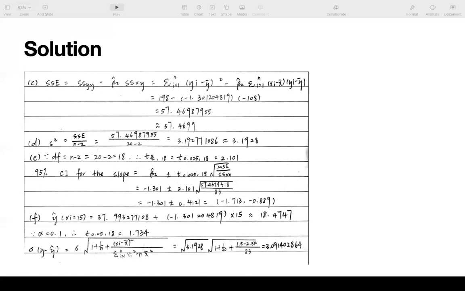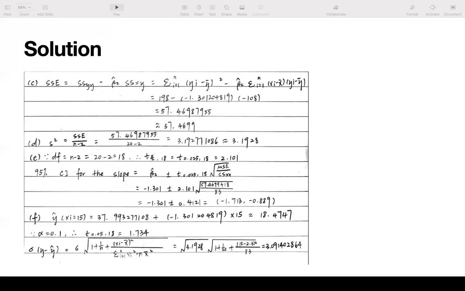Lastly, we are asked to find a 90% prediction interval for y when x is equal to 15. Here xi is equal to 15, which is a definite value. So y hat is equal to the intercept plus the estimated slope times 15, the definite value of xi.